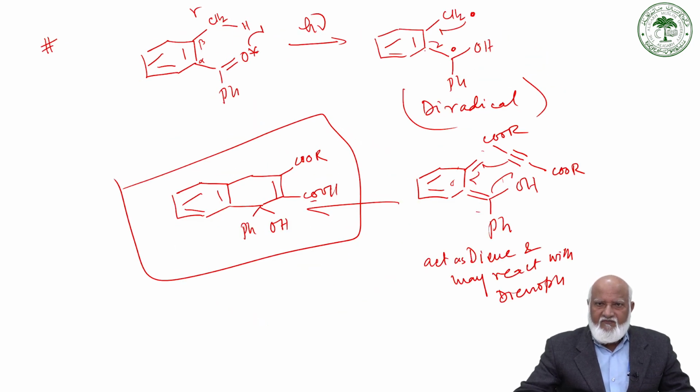So these are a few examples of the abstraction of a hydrogen by excited carbonyl to give a diradical species, which may act as a diene system and can react easily with a dienophile like dimethyl acetylene dicarboxylate.